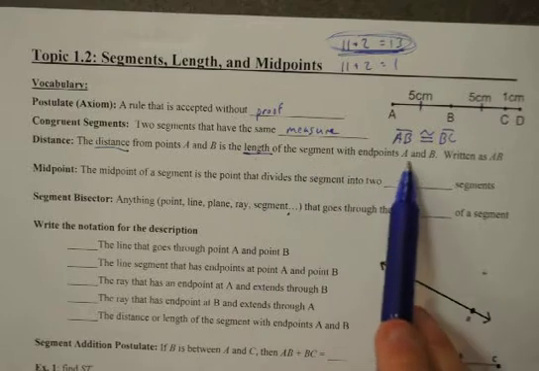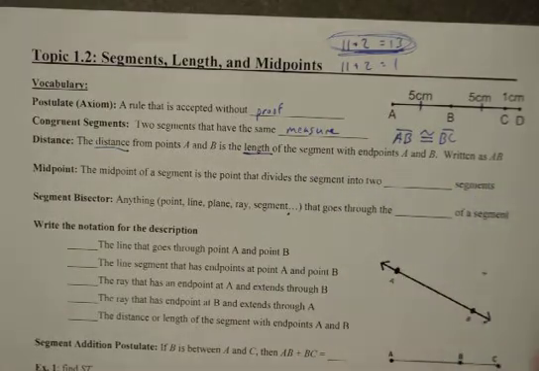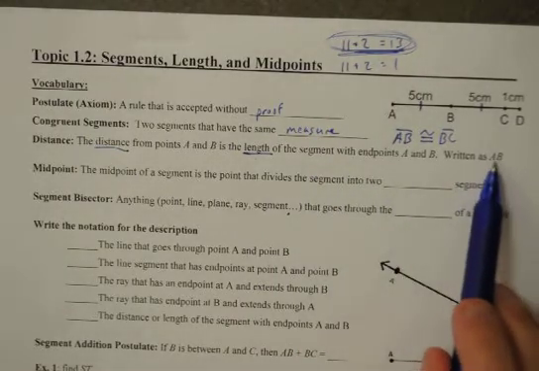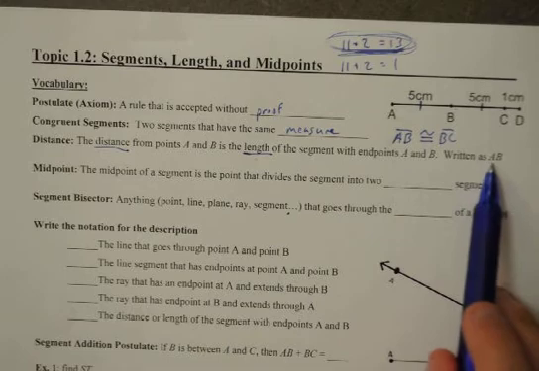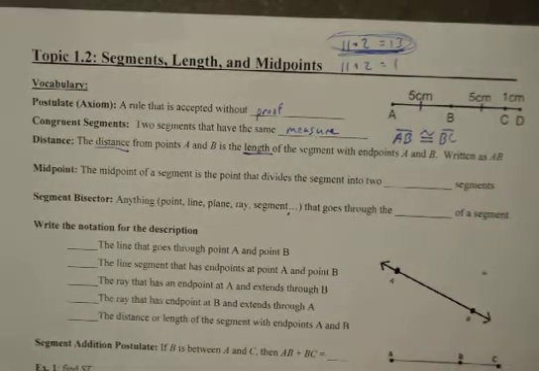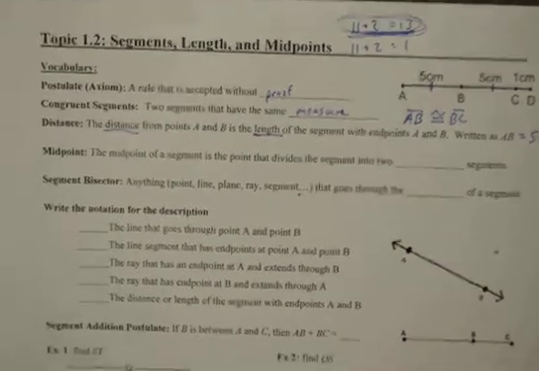The length of a segment with endpoints A and B is written as AB. Now notice here, there's no symbol above. There's not a ray, there's not a segment, there's not a line. When there's nothing above 2 letters like this, that just means AB, and we can state that the length of AB is 5 centimeters. So nothing above that. It's kind of picky.